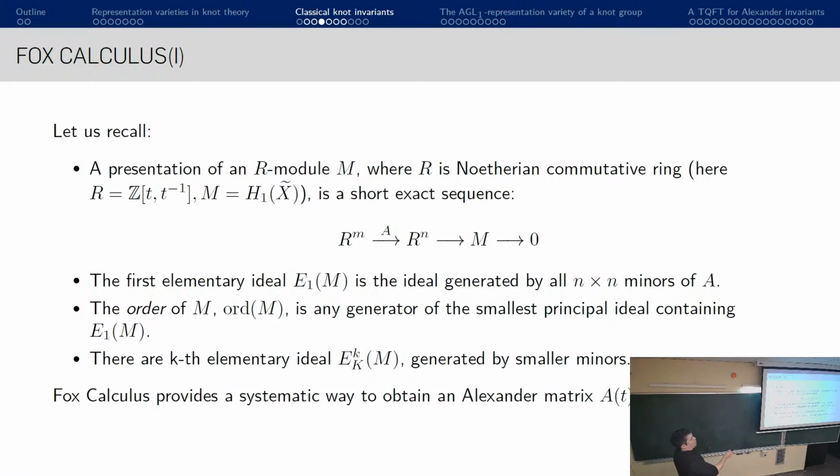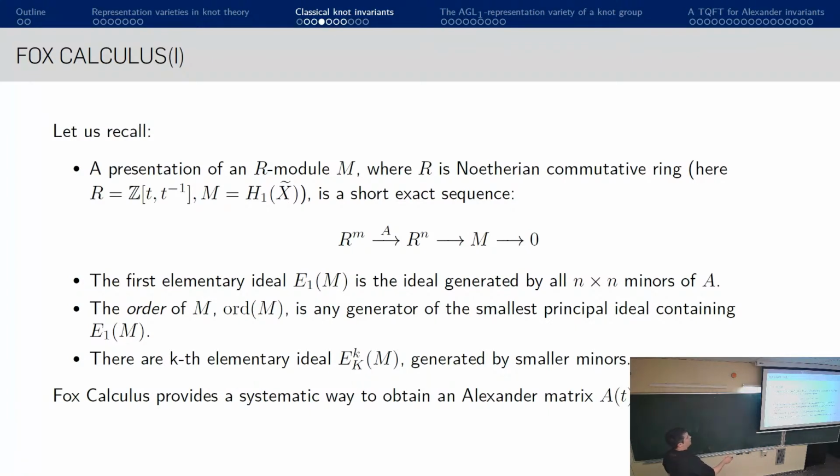let me give you a quick definition of how to compute the Alexander polynomial. You've got an R module, where R is Noetherian. For us, M is H1 of your infinite cyclic covering, and R is that ring.